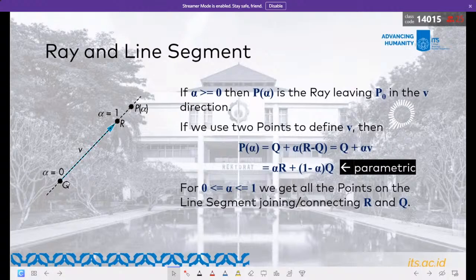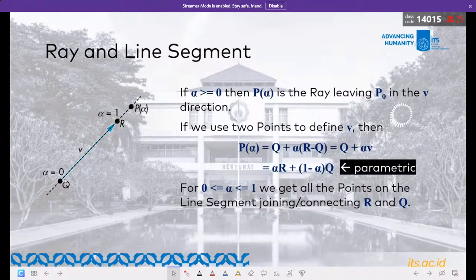It's something infinite. It has no start and end point. But a line segment always has a start point at the beginning and an end point, the finishing point.